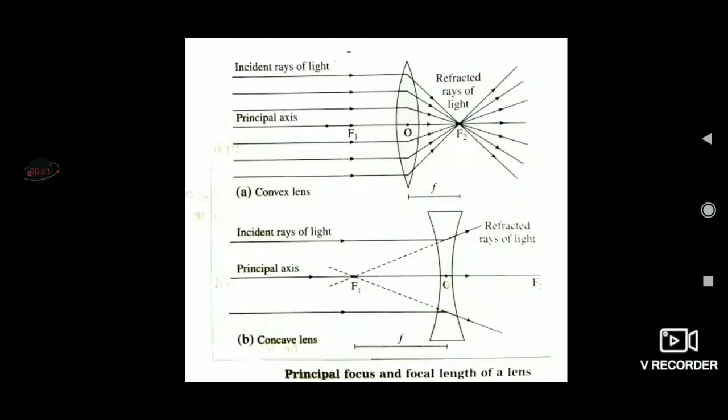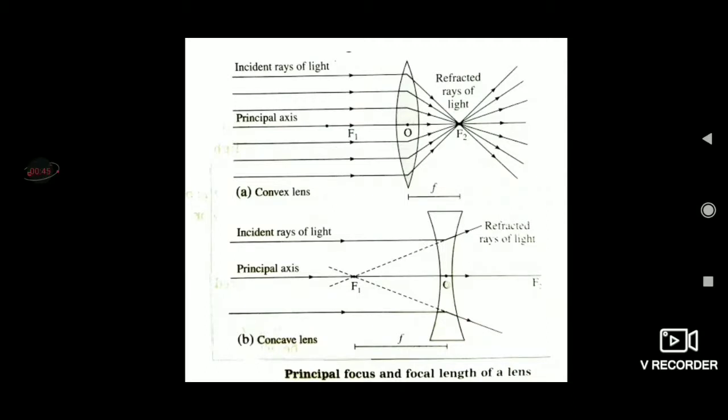The centers of these spheres are called centers of curvature of the lens. The center of curvature of a lens is usually represented by the letter C. Since there are two centers of curvature, we may represent them as C1 and C2.